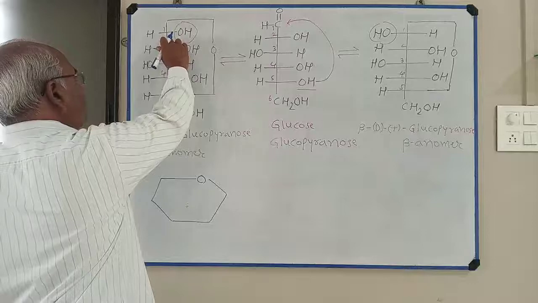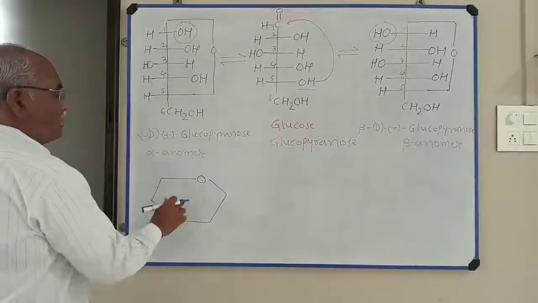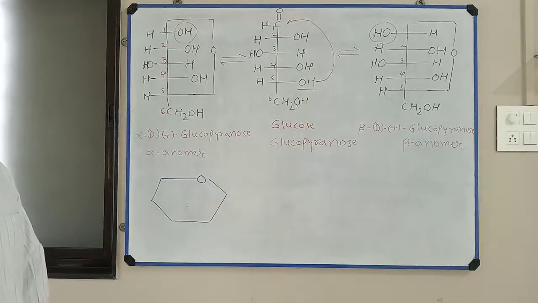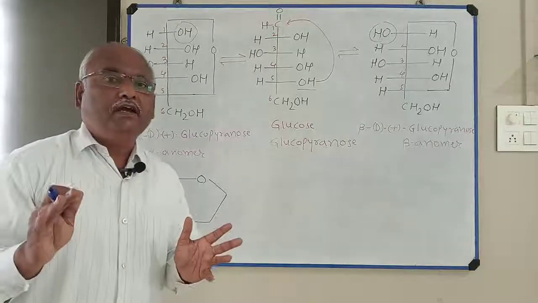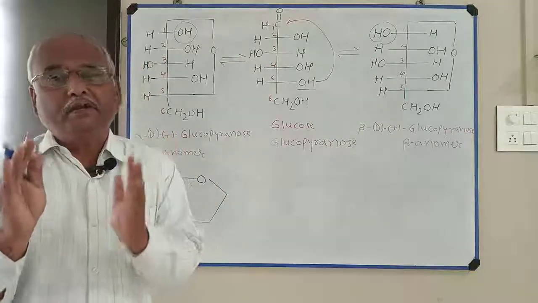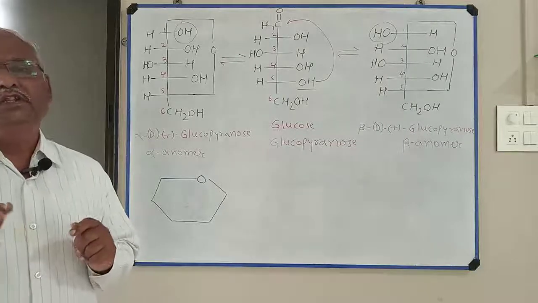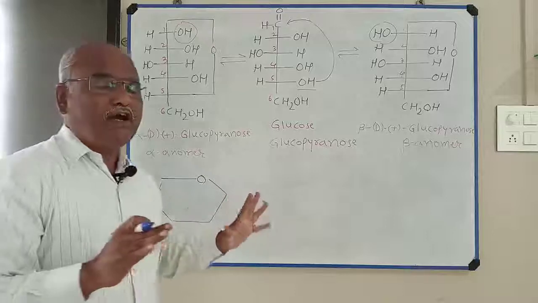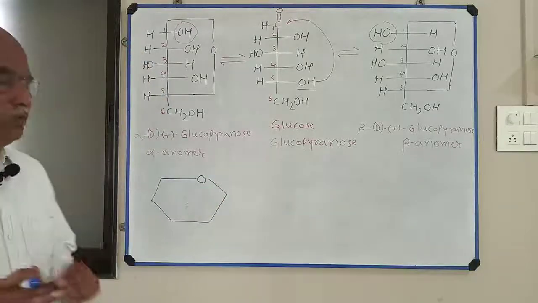So this cyclic structure we are going to convert into Haworth projection formula. Haworth projection formula is the better representation for glucose molecule than ring structure.